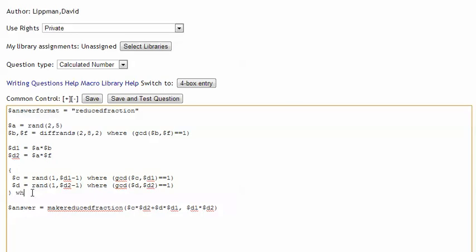And now I'm going to add a where clause to that block. I'm just going to say where this numerator is less than this denominator. What this will do is pick the two numerator values, and if they don't satisfy this condition, it will pick the two numerator values again.